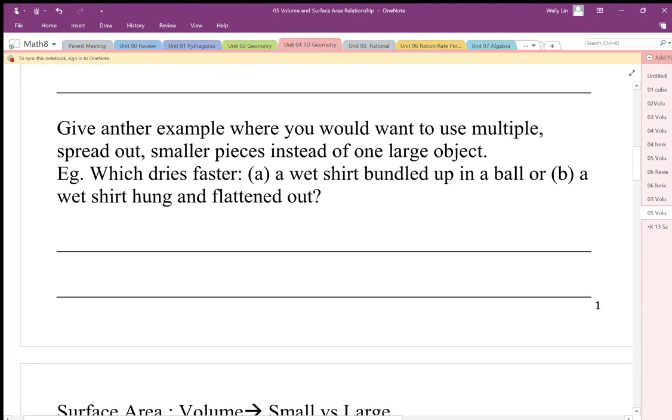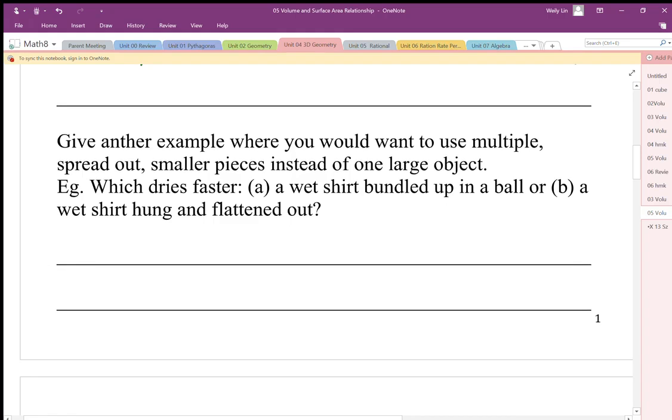I'll give you one more example here, when we talk about heat transfer. You would have greater heat transfer if you have lots of surface for the heat transfer to occur. If you take a look at an elephant, the elephant's ears are very, very large relative to its body. It's because elephants live in a hot environment, so they sometimes need to cool themselves or lose heat out of their ears.